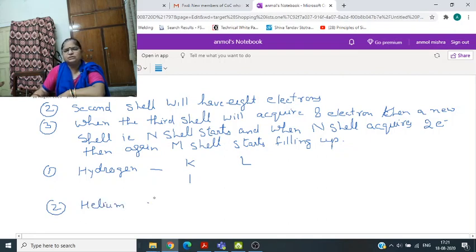Atomic number 2. Now just now I told you that according to the formula 2n square, K can have 2 electrons. So the second electron will also come into the K shell. So it will be 2.